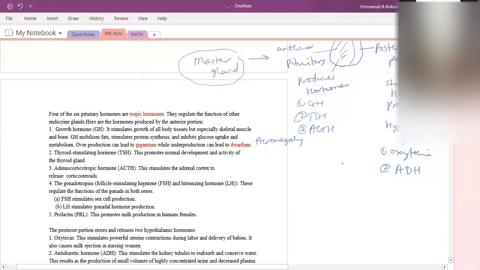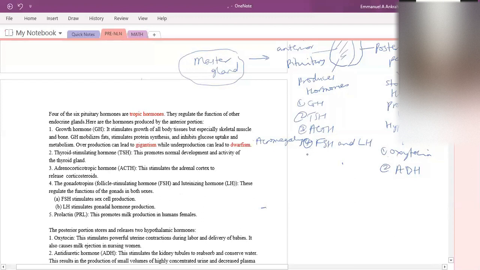And then you have the gonadotropins. And the gonadotropins, we have the follicle stimulating hormone, the FSH, and then the LH. So number 4, FSH, and LH, luteinizing hormone.